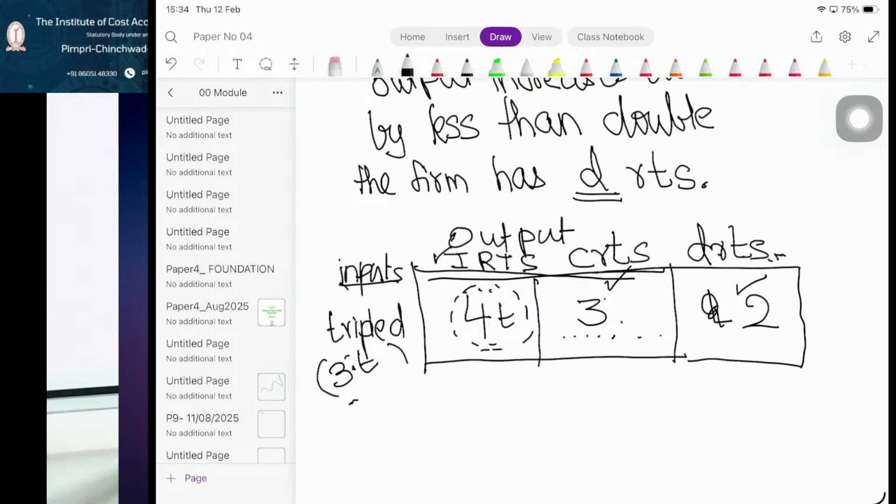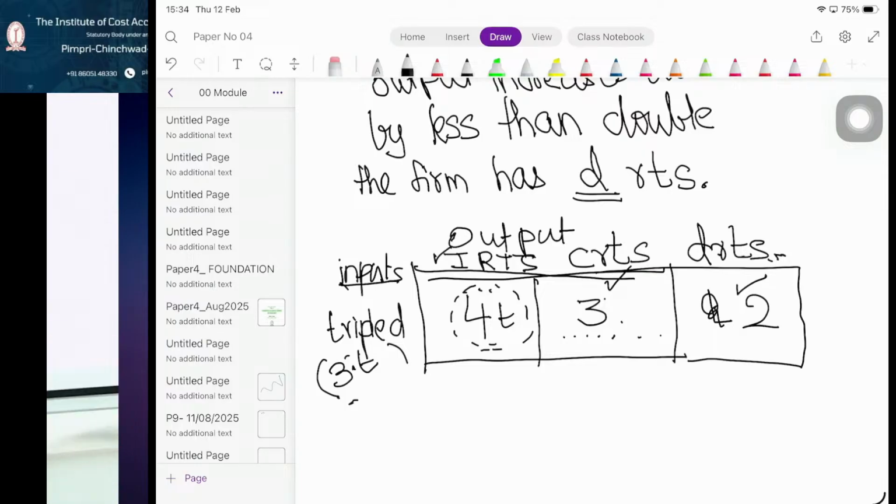And if inputs triple and my output increases by 4 times, then we get what is called increasing returns to scale.